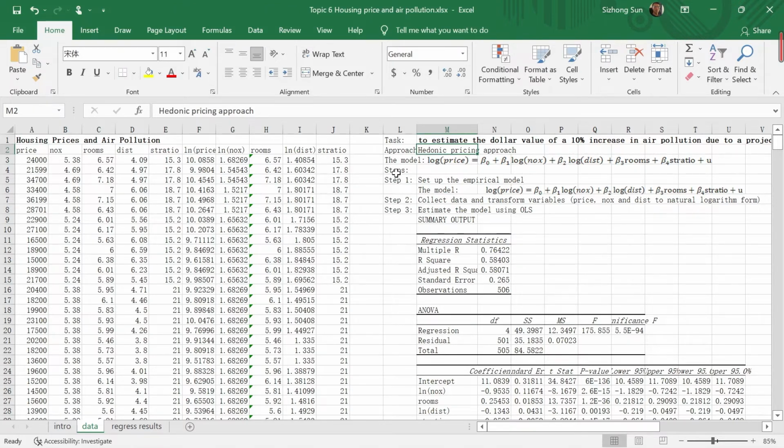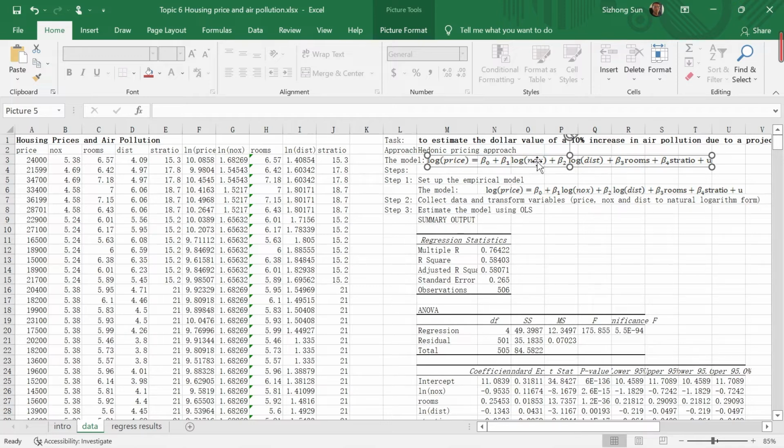So first, let's set up the model: log price as a function of NOx, which is nitrogen oxide, the variable we use to measure air pollution, and distance of the community center to the employment. Suppose that's one characteristic of the property we are looking at.